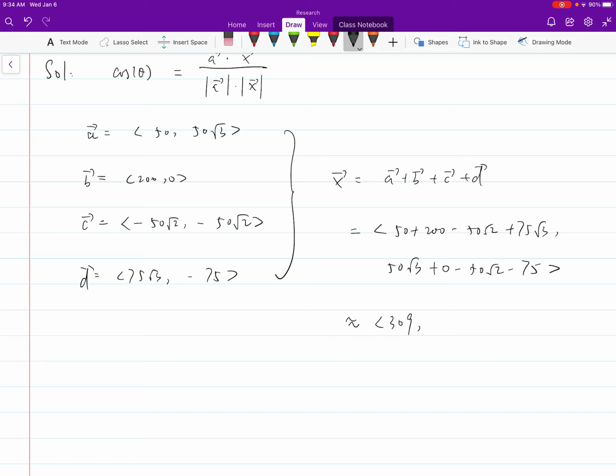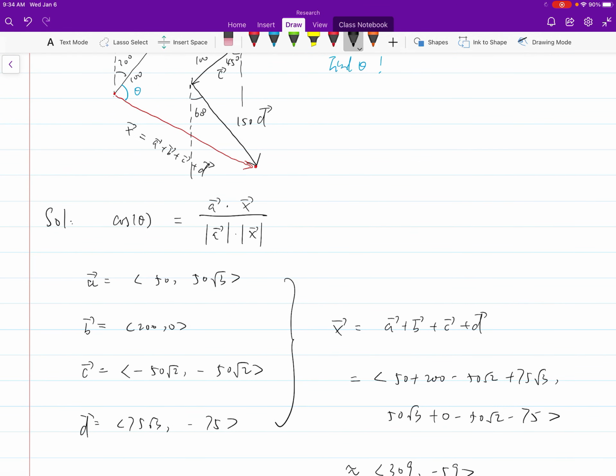And the other one is going to be negative 59. That would be the coordinates of the red vector.